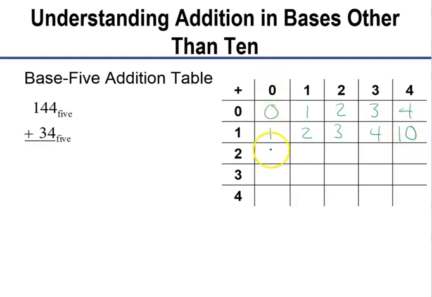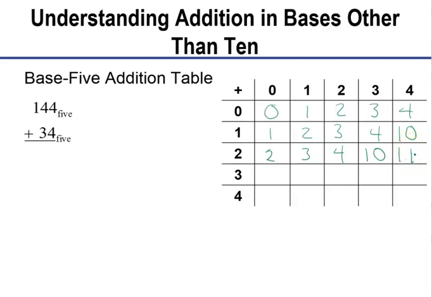Now 2 plus 0 is 2, 2 plus 1 is 3, 2 plus 2 is 4. Now careful here, 2 plus 3 in base 10 is a 5, which means it's 1 five and 0 ones. 2 plus 4 reminds us of the number 6, which means 6 things, but what that really means in base 5 is 1 five and 1 one.